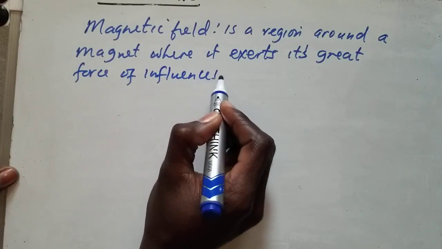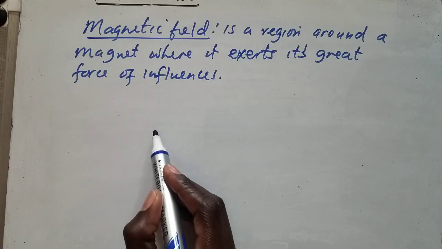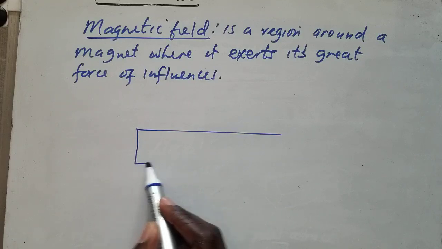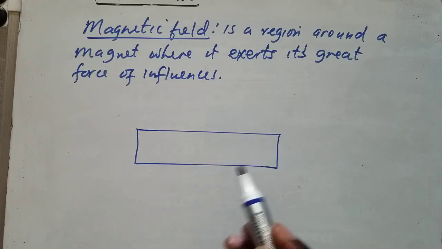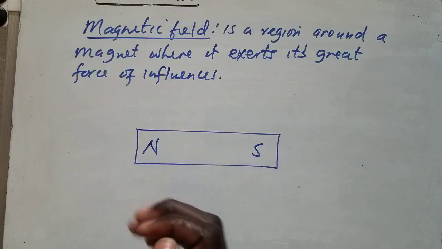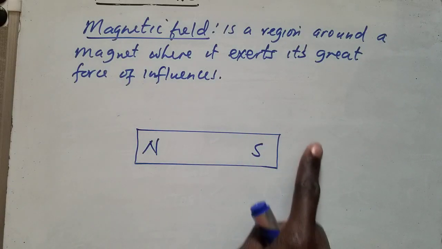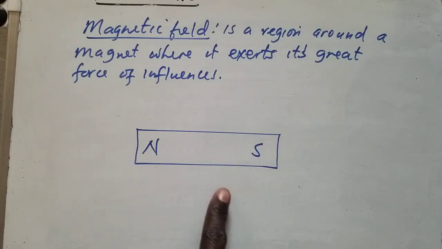Usually the magnetic field is concentrated around the poles. For example, you have a north and a south pole, and you are going to find that the magnetic field is concentrated around them. That is what you need to remember.